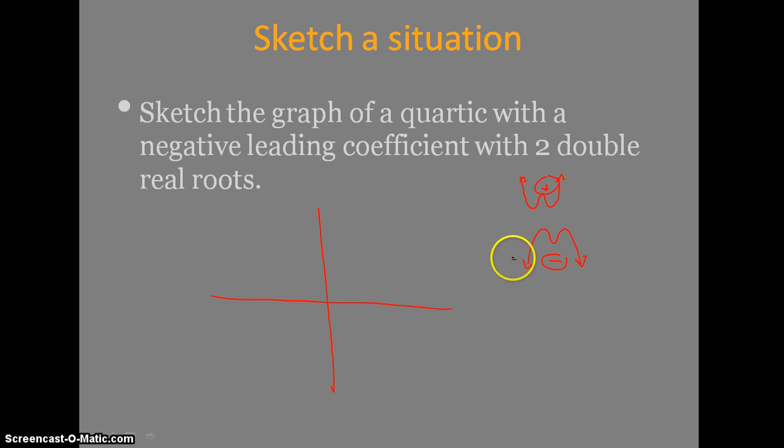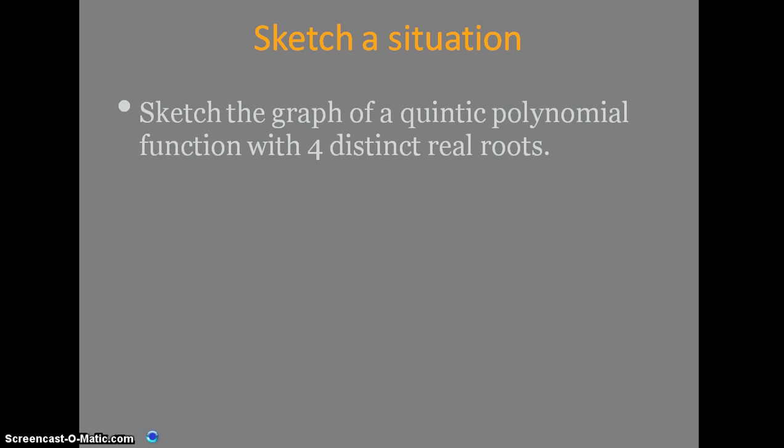So we're going to be opening upside down. And 2 double real roots. So let's see if this is possible. If I came up and there's 1 double root, and then I come across here and there's a second double root. We're opening down, we are quartic, we've got 2 double roots.